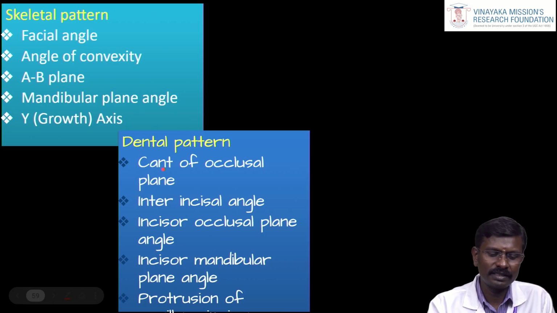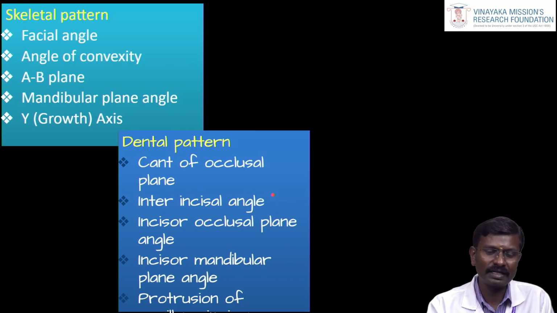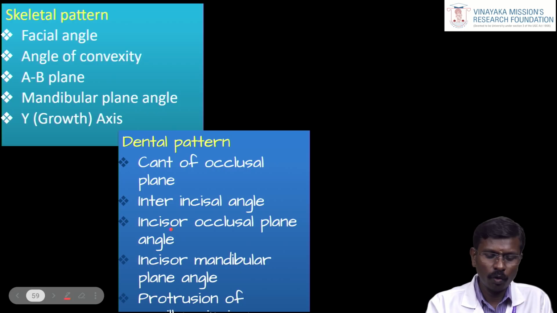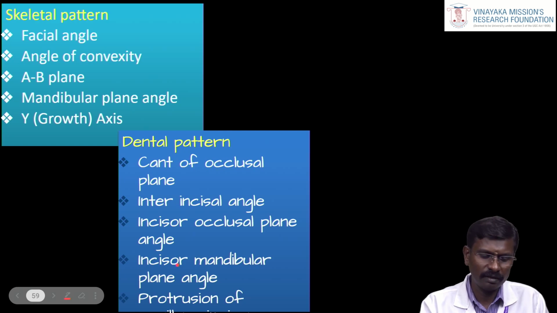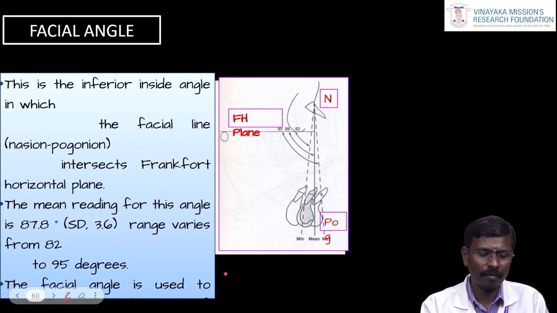In dental, he looked at the cant of the occlusal plane, the interincisal angle, how the upper and lower incisors relate to the occlusal plane, the incisor to the mandibular plane, and protrusion of the chin. These things he took in the dental parameters.